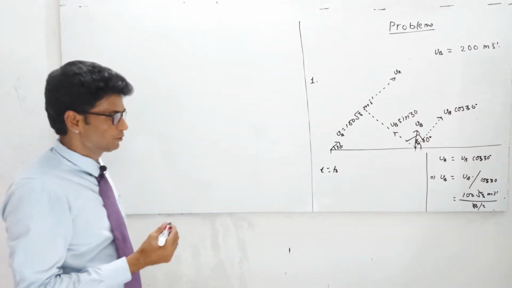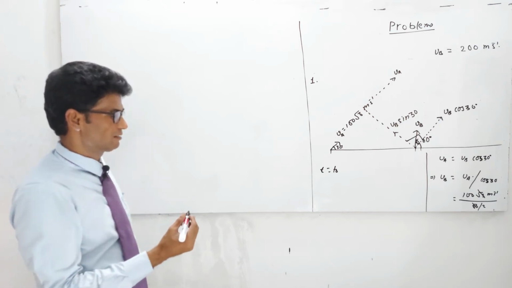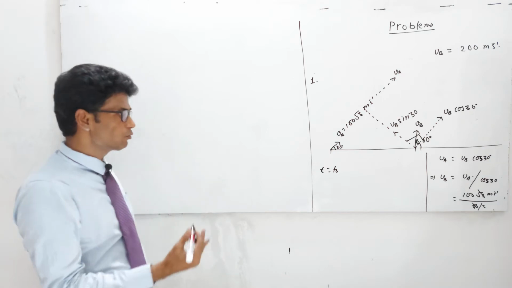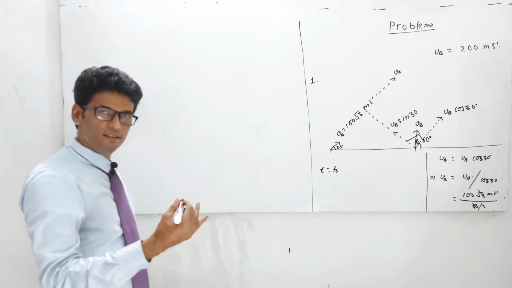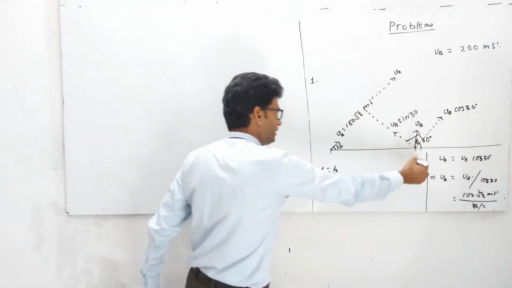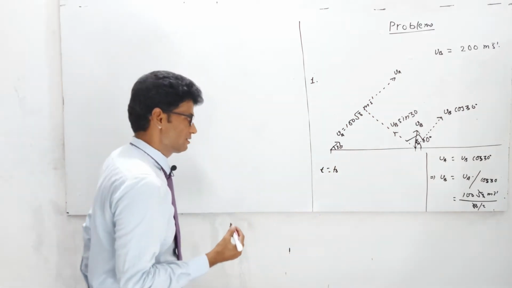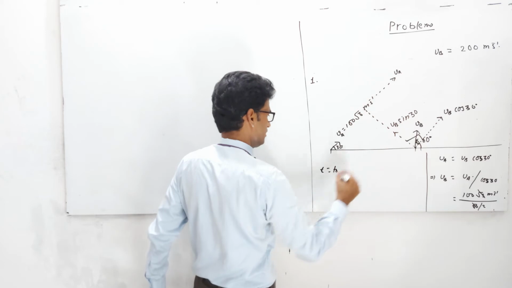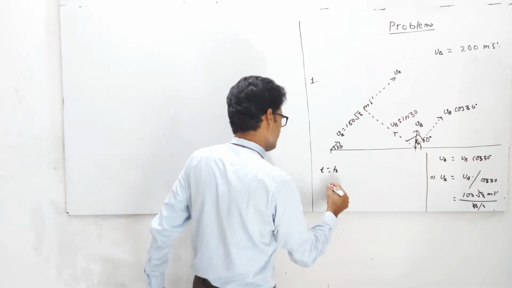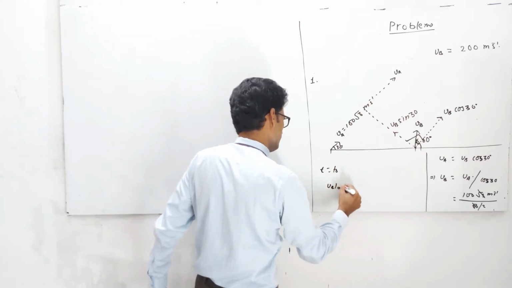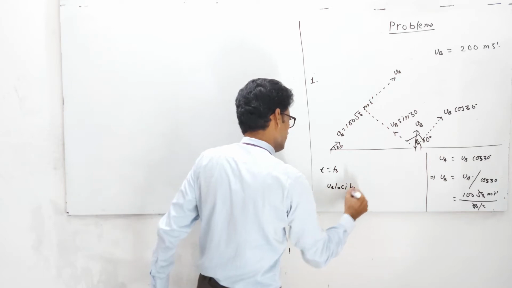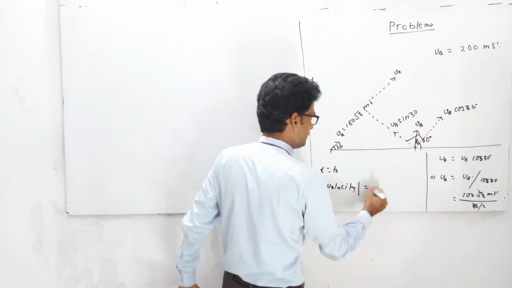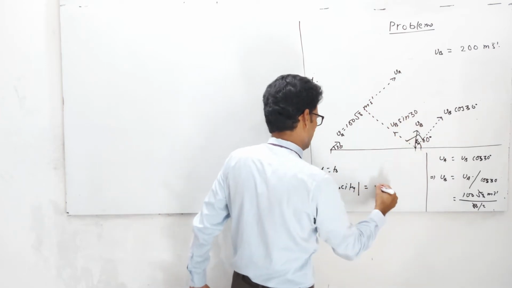So the relative velocity of the aeroplane B with respect to the aeroplane A in this perpendicular direction has magnitude VB sin 30.